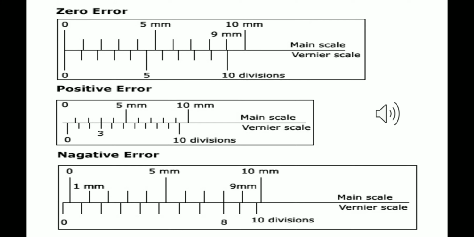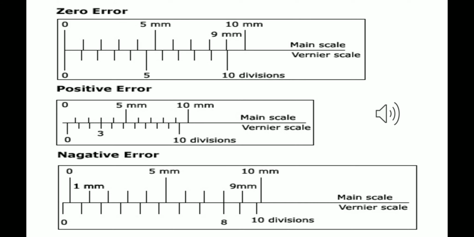Here it is positive zero error because the 0 of the vernier has moved ahead and the reading coinciding exactly is 3. So 0.03 with a positive sign is the zero error of this vernier. We have to keep this in mind while looking for the correct reading. We will use the zero error.